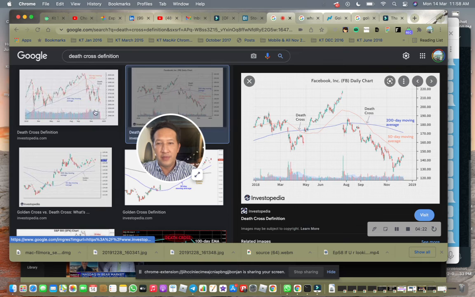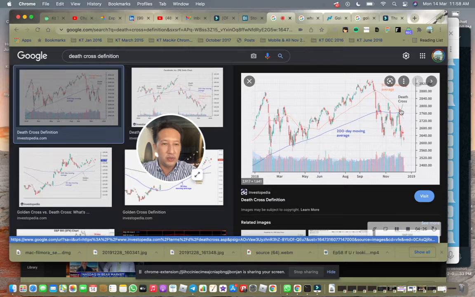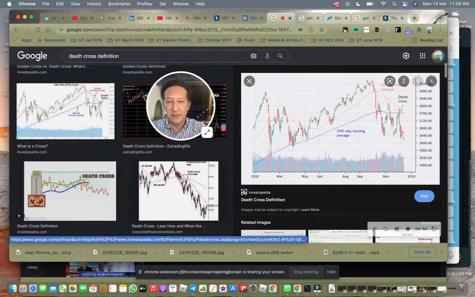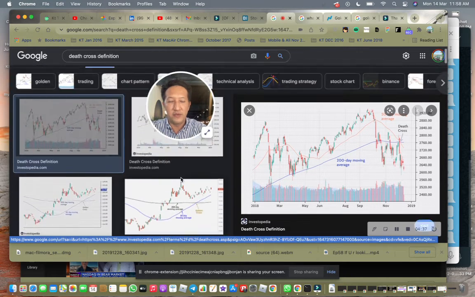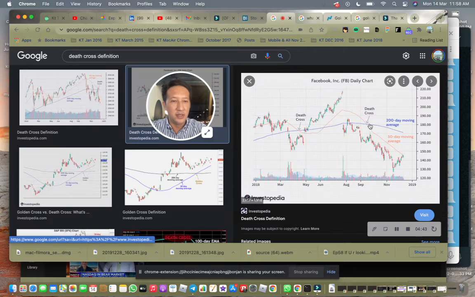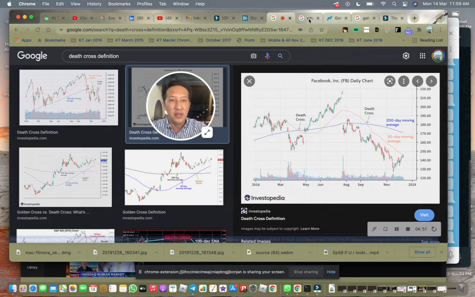If you look at another one here as well, this one doesn't show what happened thereafter, but basically this is a very general formula that people use to understand the death cross. This is probably the best one to show what happened after, whereby the 50 moving average goes further down, and the 200-day average dips down as well.